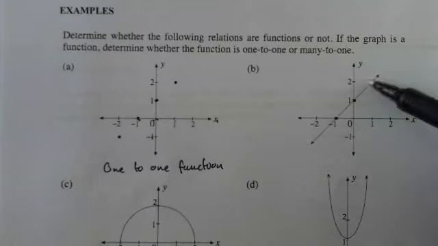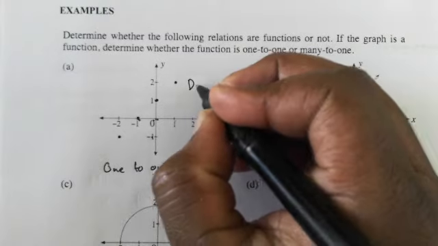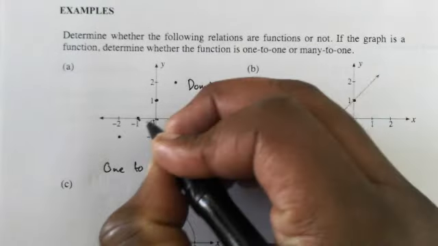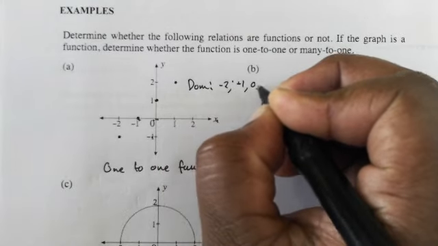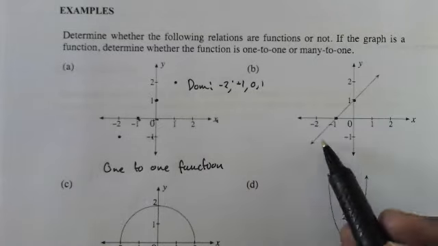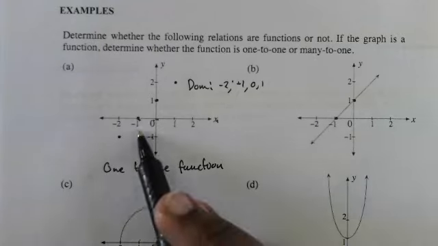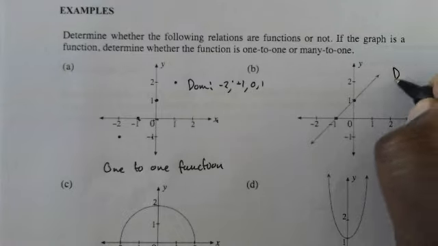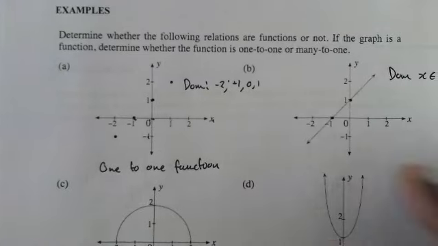Okay, this one is obviously a straight line. If you look at the domain of the previous one, the domain is -2, -1, 0, and 1. But with this one, anything can be a domain. Even -1,995 will be in the domain, which was not the case before. So in this case, any real number will be a domain.